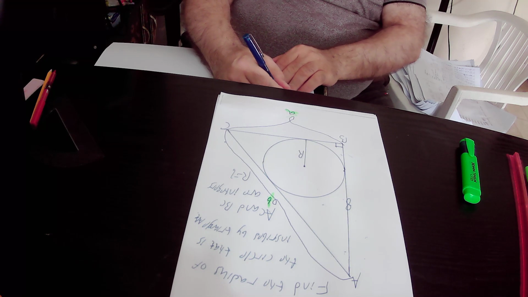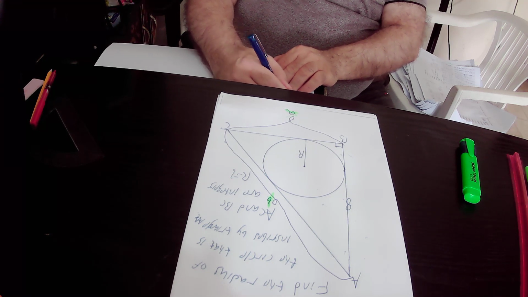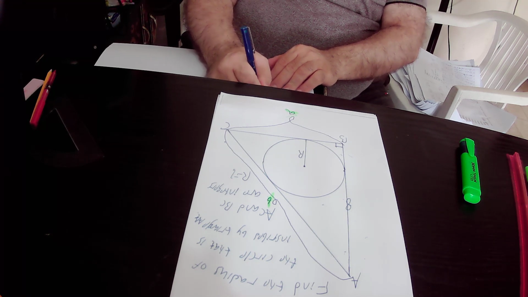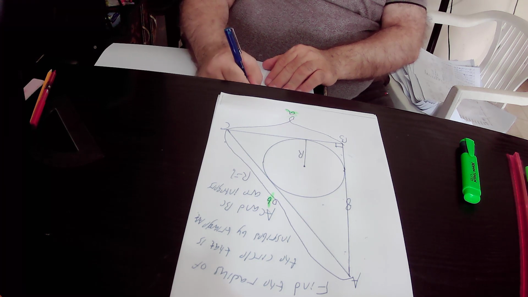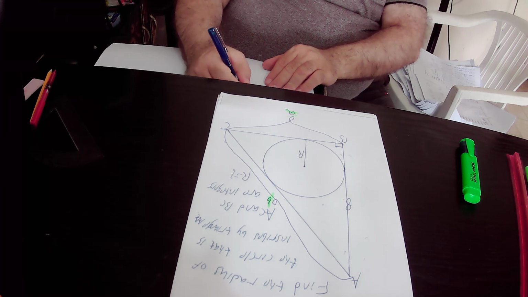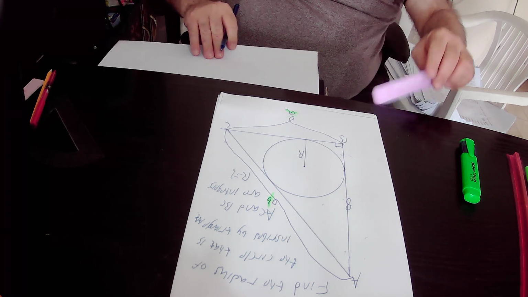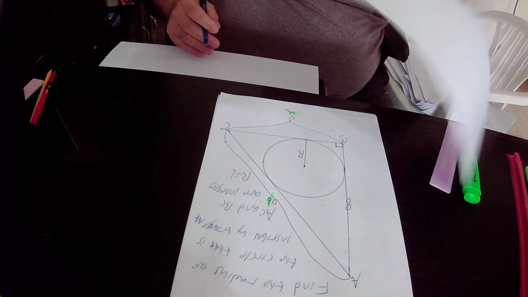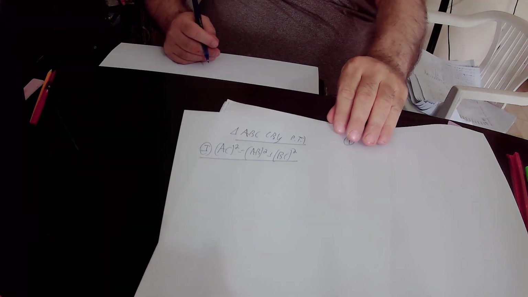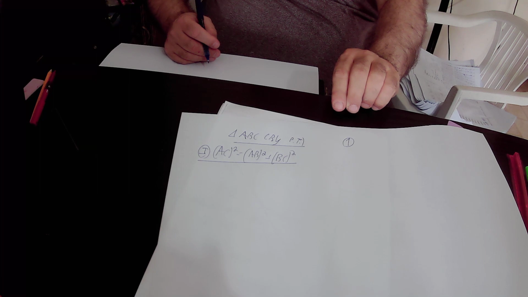That is to say, AC square equals AB square plus BC square. I'll repeat again. The right triangle, triangle ABC. According to the Pythagoras theorem, AC square equals AB square plus BC square.